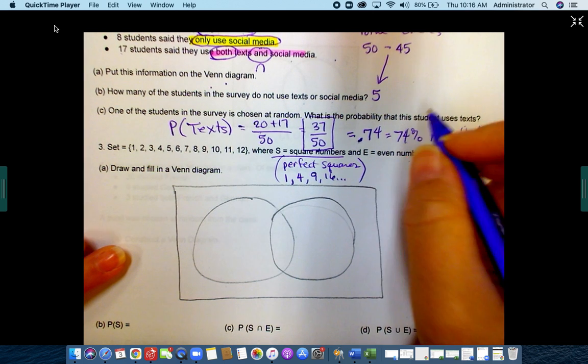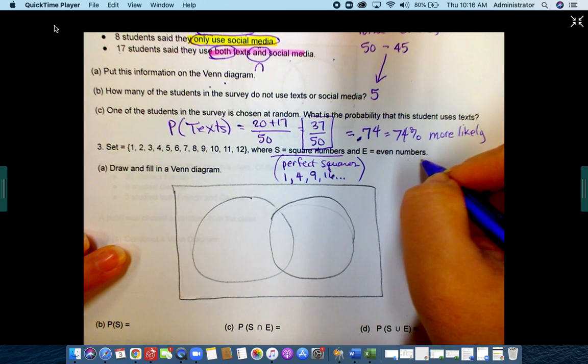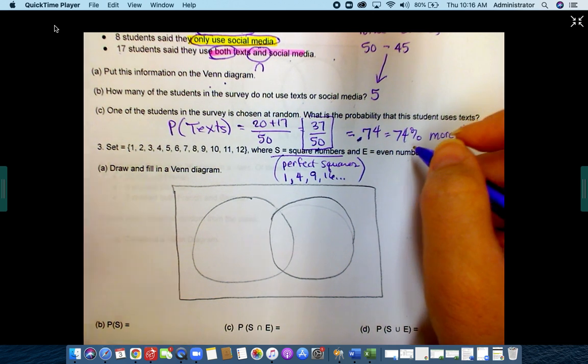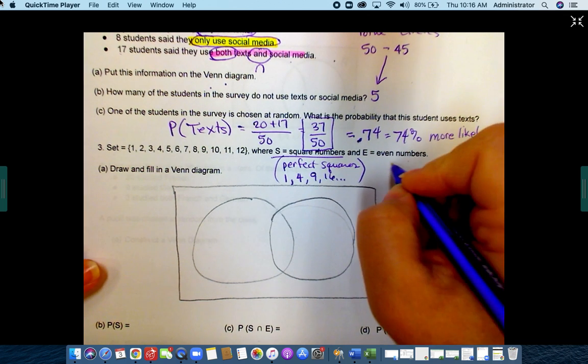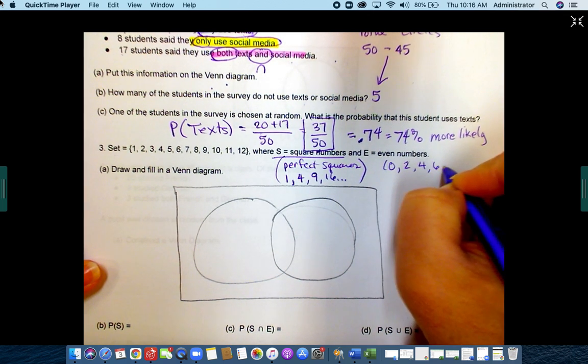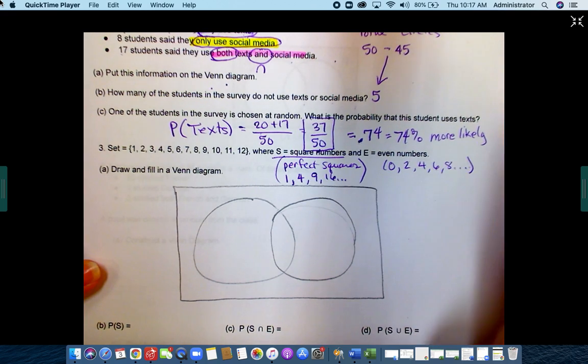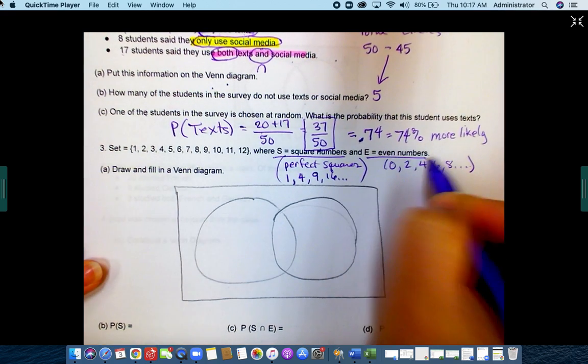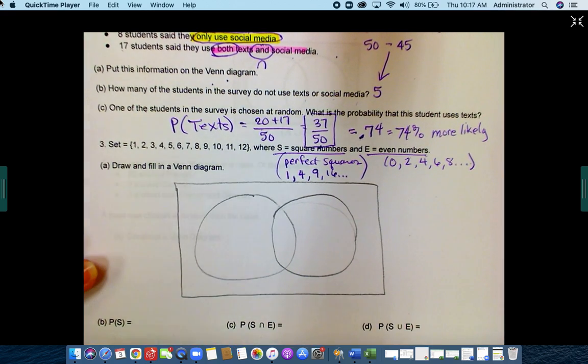And even numbers are actually numbers that are evenly divisible by 2. And believe it or not, 0 is an even number. So 0, 2, 4, 6, 8, etc. So just a quick recap of what squares and even numbers are.